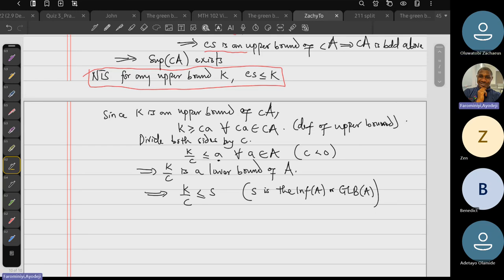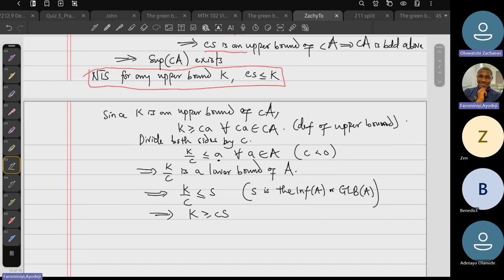If I now multiply both sides by C, what inequality am I going to get? K is greater than or equal to CS. Exactly. K is greater than or equal to C. C is negative.